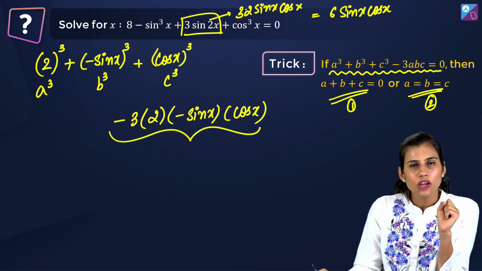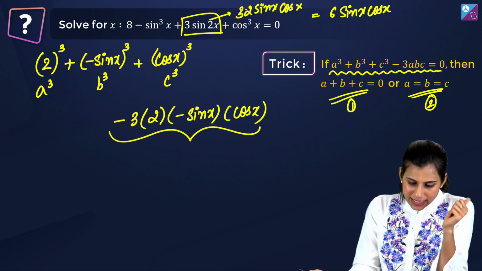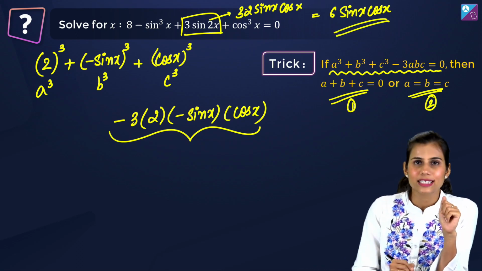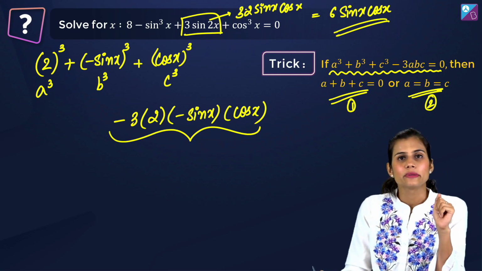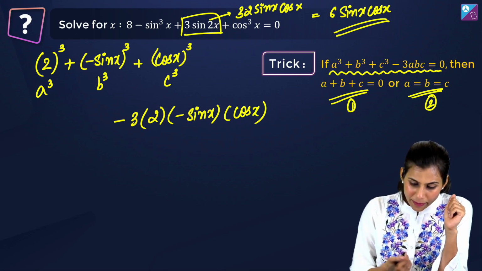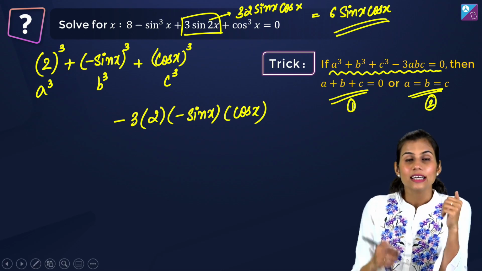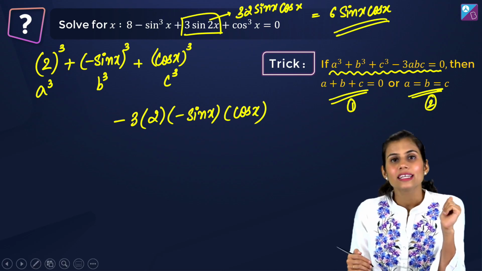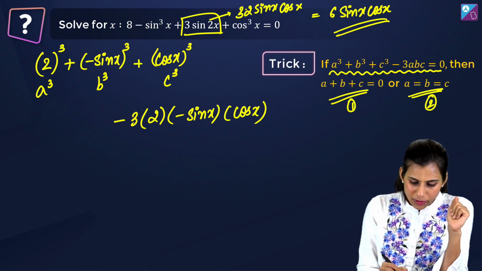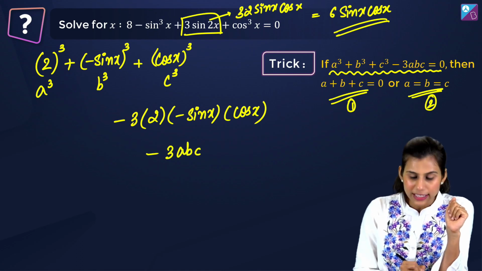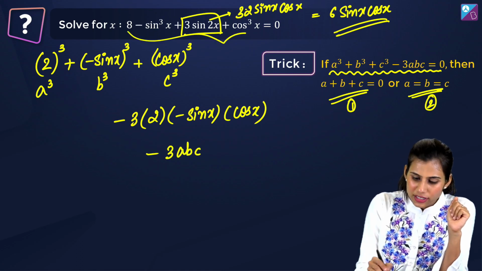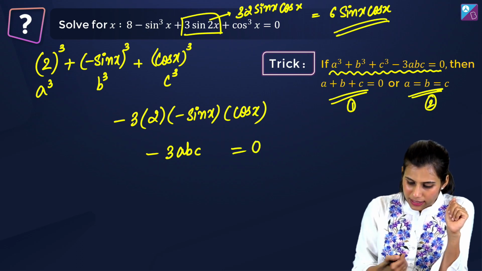Just solve this expression. You will get plus 6 sin x cos x, which is exactly what the remaining term is equal to. That means I have been successful in rewriting my given expression in the look of a cube plus b cube plus c cube minus 3abc. And this expression is given to be equal to 0. That means this is also equal to 0.